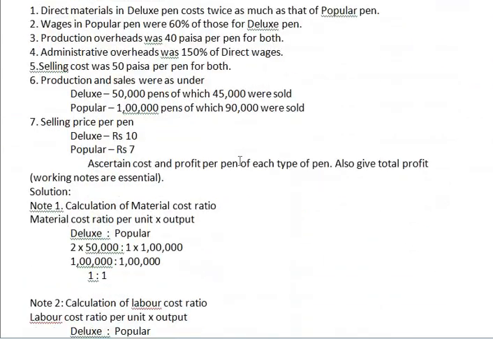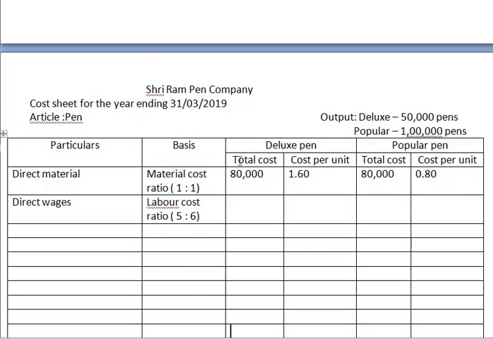So direct wages is 2,20,000 which should be distributed to deluxe as well as popular pen in the ratio 5 is to 6. Okay. So here it will be 1 lakh. Again 1 lakh divided by 50,000 pens. So that will be 2 rupees. Next it is 1,20,000 and it is 1.20.